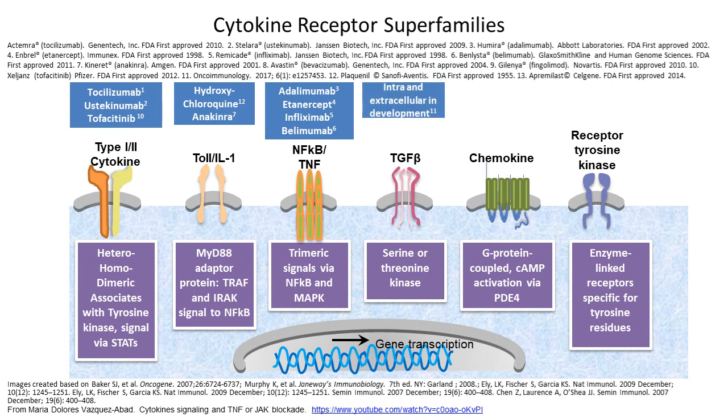The TGF-β is a very active field of research, especially in the immuno-oncology arena, both intra and extracellularly. The chemokine receptor is one receptor that is inhibited by both apremilast and fingolimod.